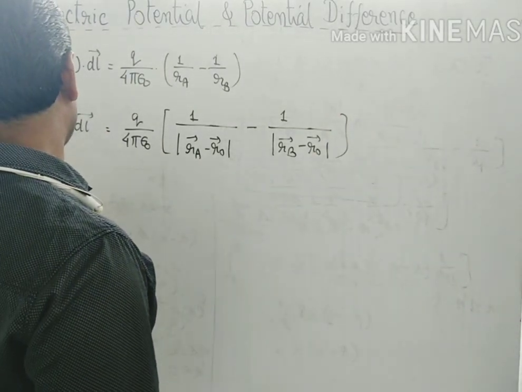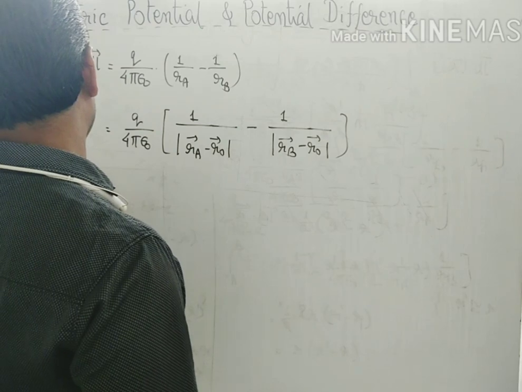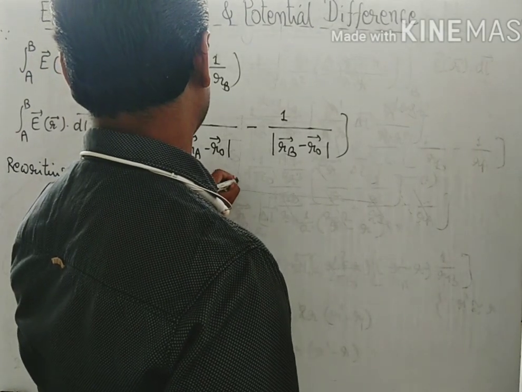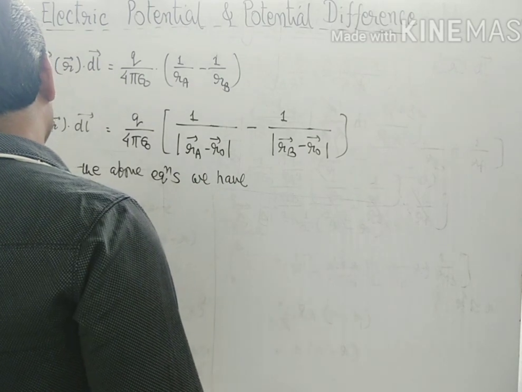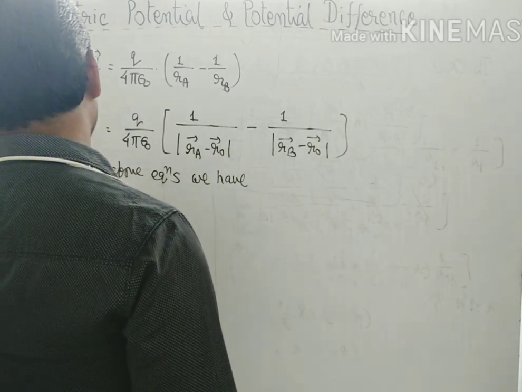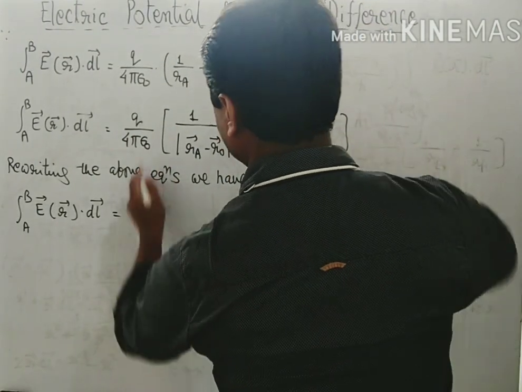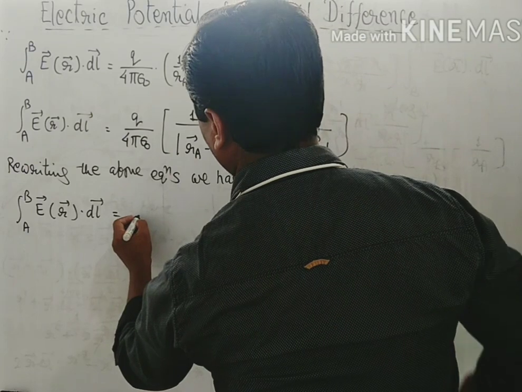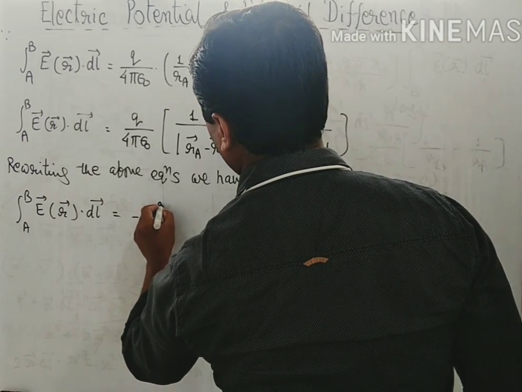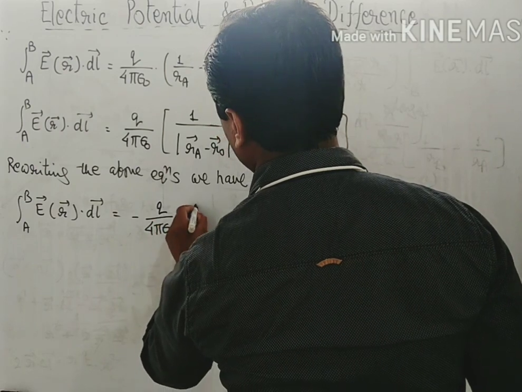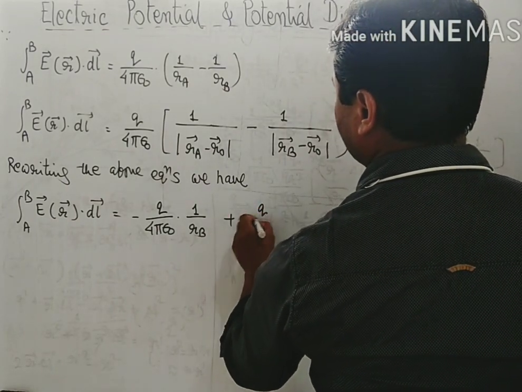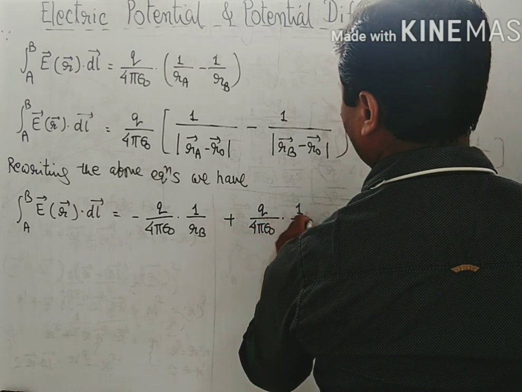Rewriting the above equations, we have the integral from A to B of vector E as a function of vector r dot dl, which equals, multiplying inside, minus of Q upon 4 pi epsilon naught into 1 upon Rb, plus Q upon 4 pi epsilon naught into 1 upon Ra.